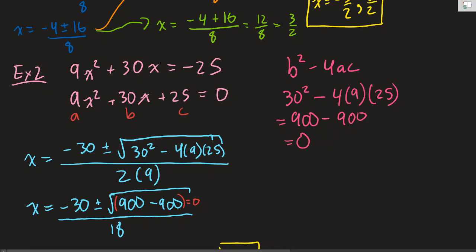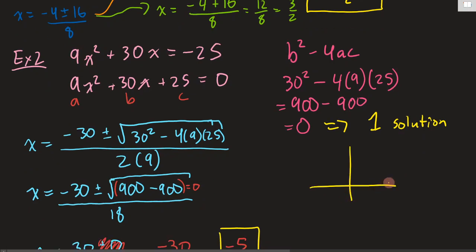And since this is 0, there is one solution. This has a positive a value, which means it's opening up. It's on the x-axis somewhere, opening up. Where it is on the x-axis we don't know from this equation, but we know it's on the x-axis opening up, which is why it has only one solution.